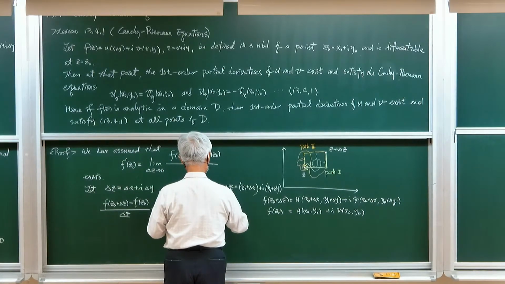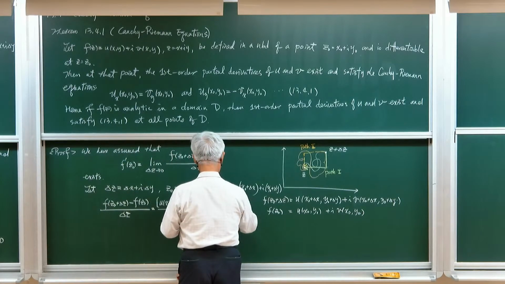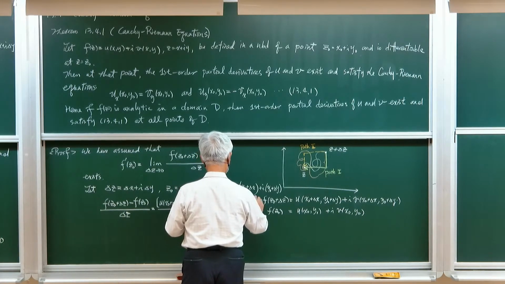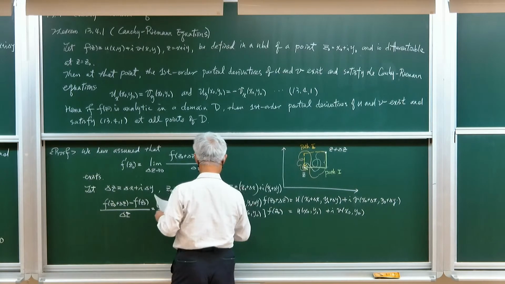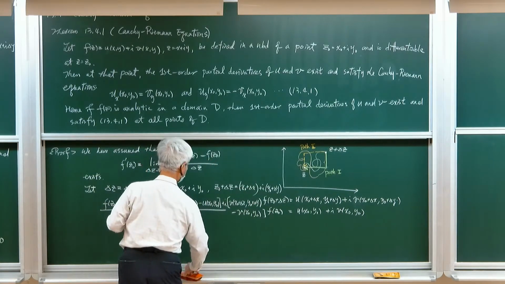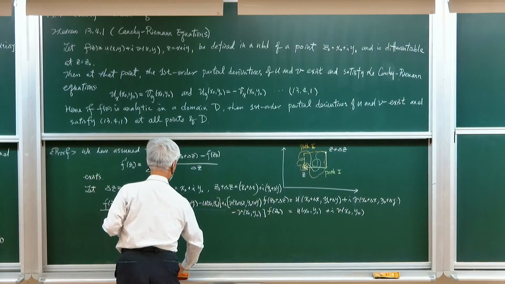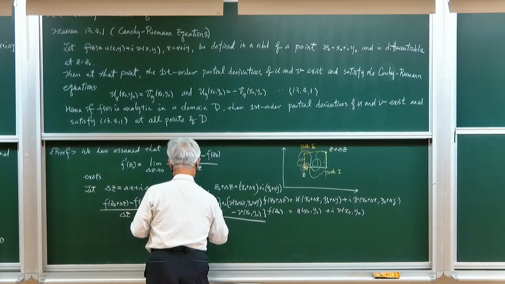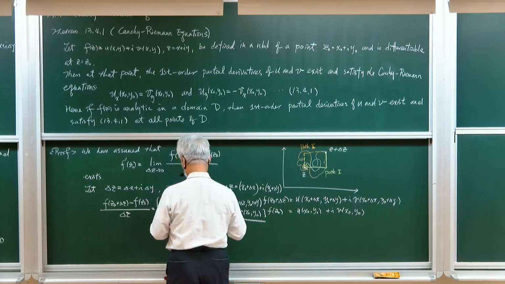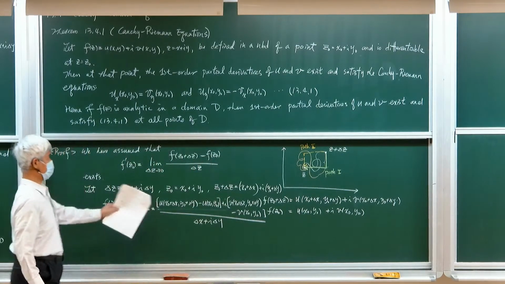And then the imaginary part is v of x0 plus delta x, y0 plus delta y, minus v of x0 and y0. So this is the numerator, and the denominator is delta x plus i delta y. So you can see the ratio here.